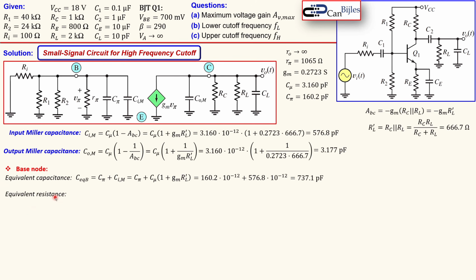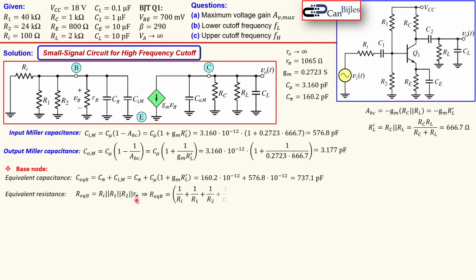How about the equivalent resistance? Well, it is the equivalent resistance we see between the two nodes of the capacitor C equivalent B. That's the parallel resistance of these four resistors. That's shown here. So I call this R equivalent B: Ri in parallel with R1, in parallel with R2, in parallel with R pi.